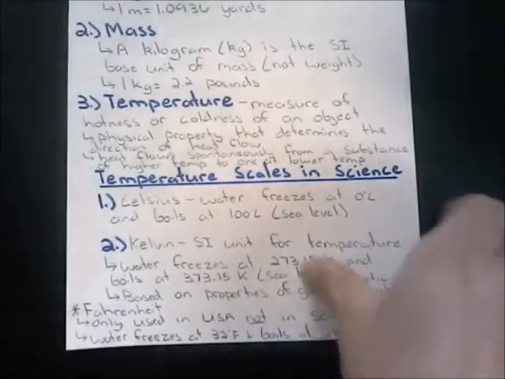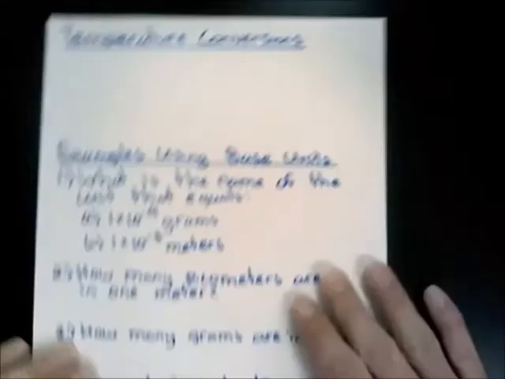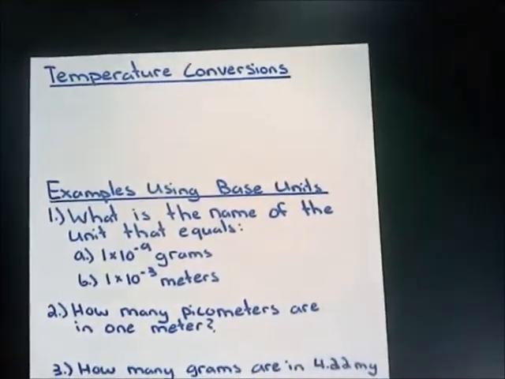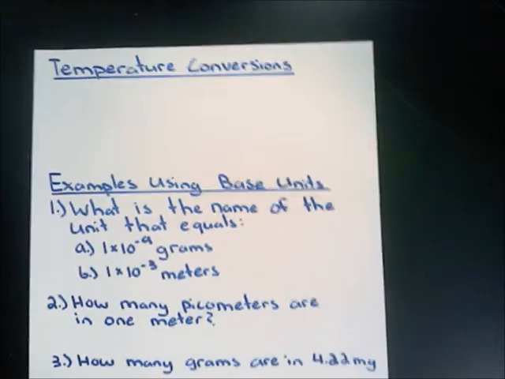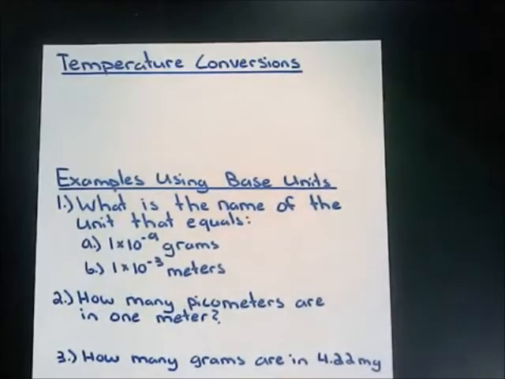On that note, we do need to go over some temperature conversions. I know Fahrenheit's only used in the United States, but I want you to be able to convert between all three of those different temperature units that I just went over. The first temperature conversion is Celsius to Kelvin.